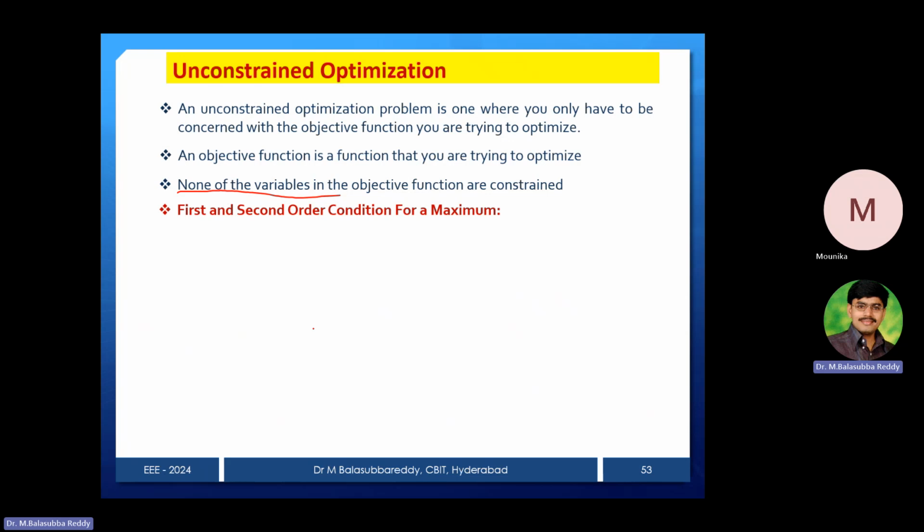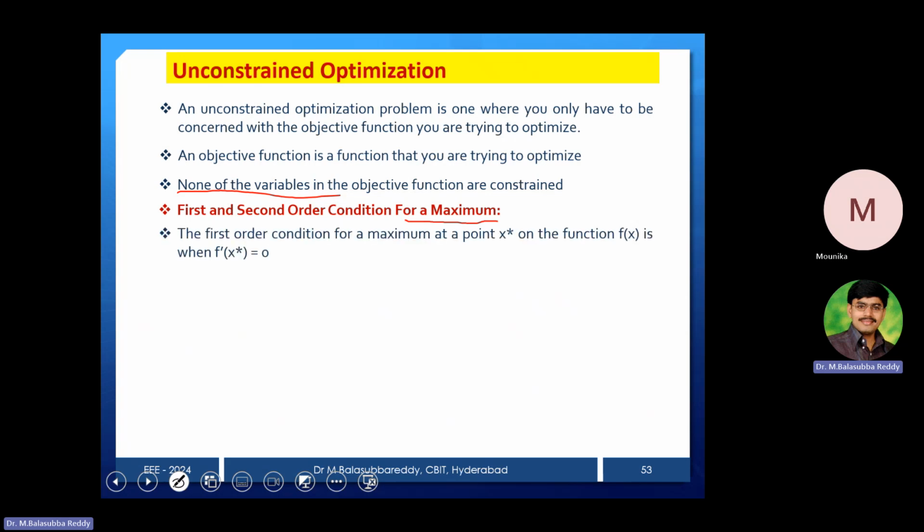The second order condition for a maximization problem is how we can identify whether the function is a maximization or a minimization. The first order condition for a maximum at a point x star: f dash of x star is equal to 0. Suppose any equation is there, we just differentiate with respect to x and set it equal to 0.